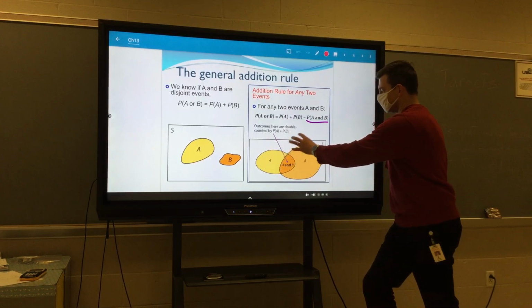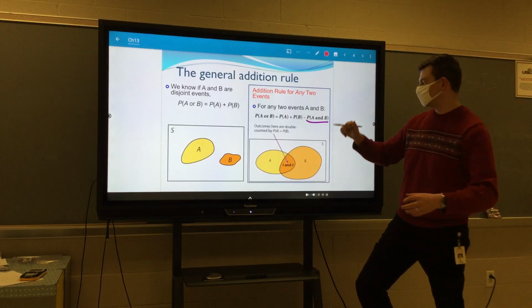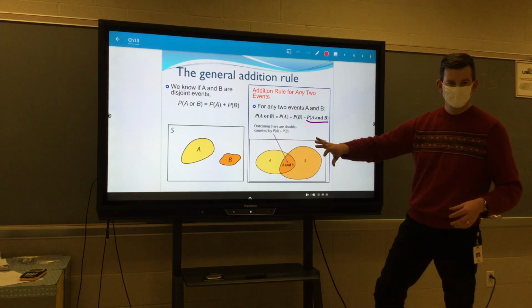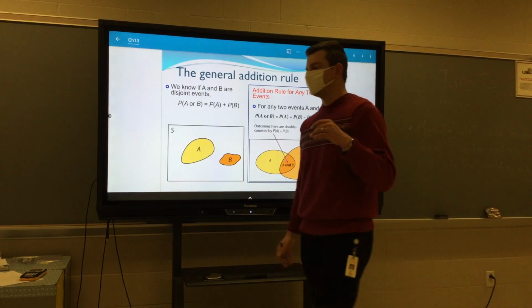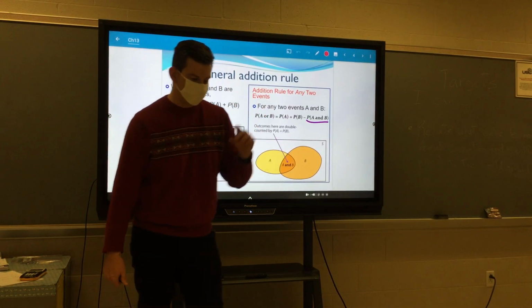So probability of A plus B minus this region that's been counted both times leaves us with probability of A or B.